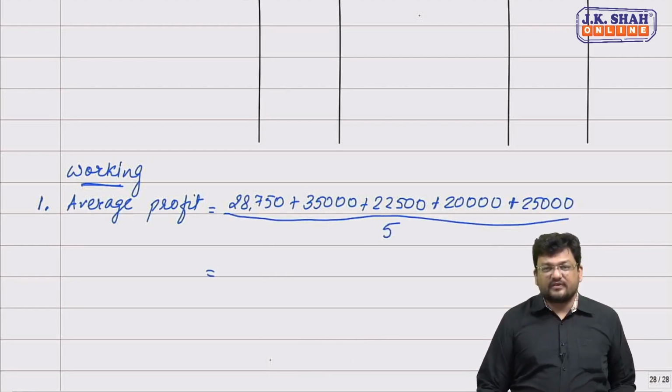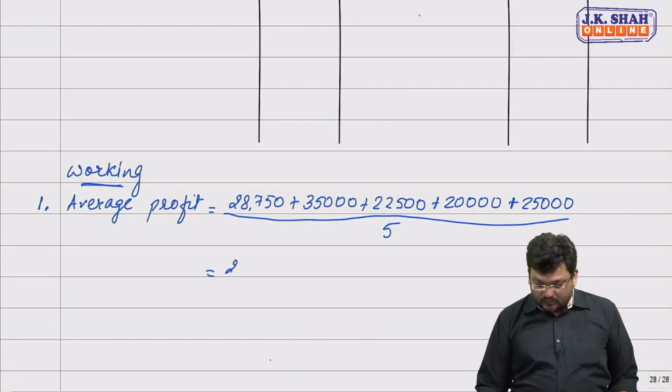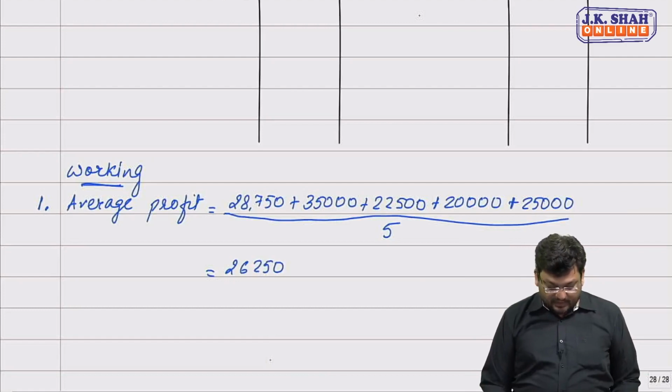So average profit, friends, comes to 26,250. And goodwill, friends, they are saying is 1 year's purchase of average profit. So goodwill is 26,250 only.